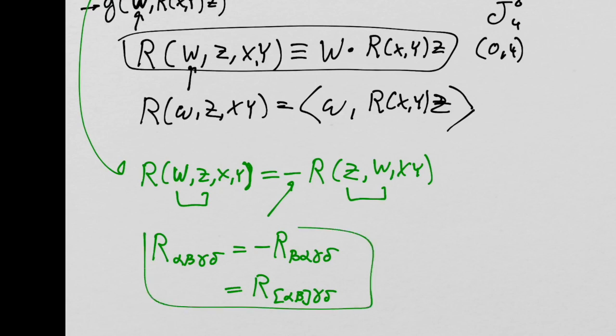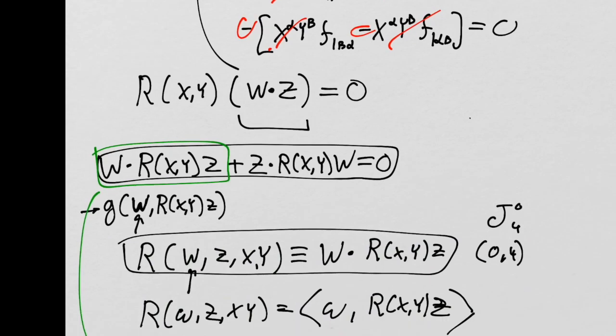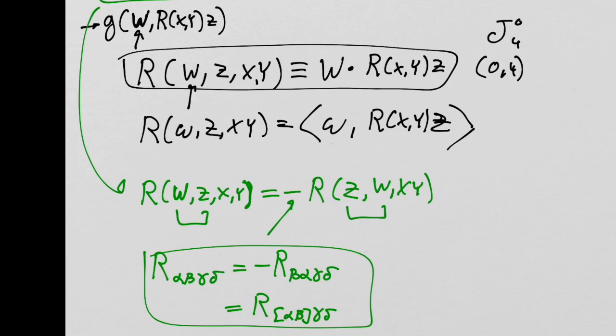And it all goes back to the fact that this particular curvature operation zeroes out functions, and that ultimately leads us to being able to show that we're antisymmetric on the first two indices.